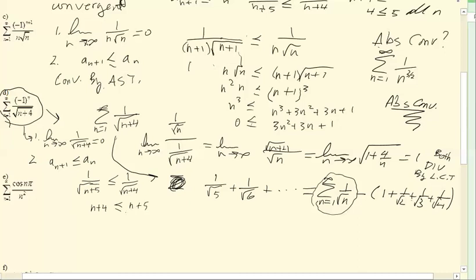And it's obviously true for all n. So the point is 1 and 2 of the AST theorems are met, these conditions, and that means you have convergence by the AST. So all that tells us that it is basically conditionally convergent.